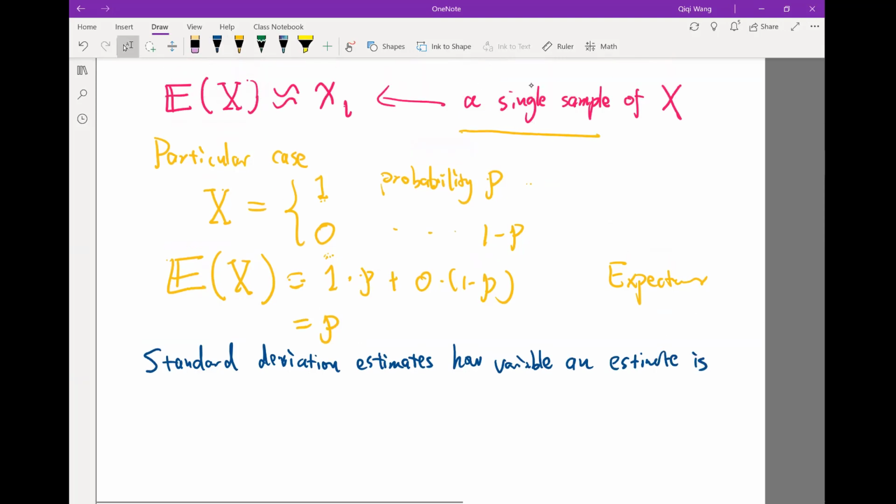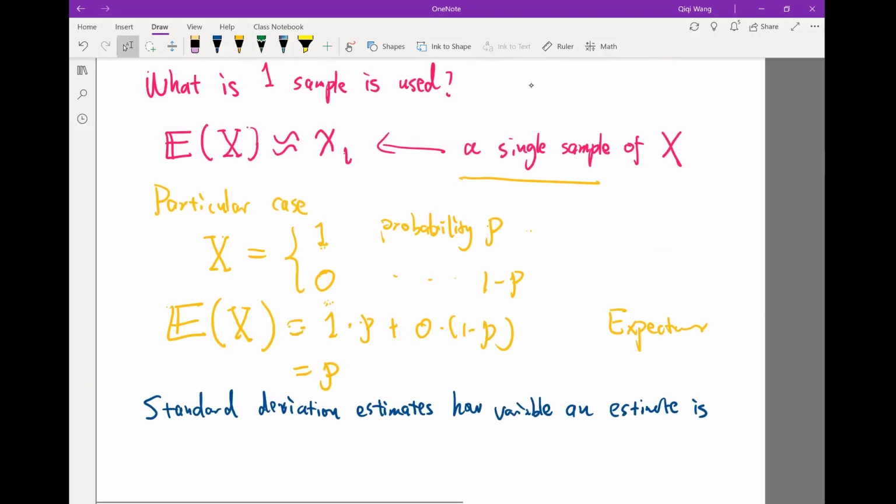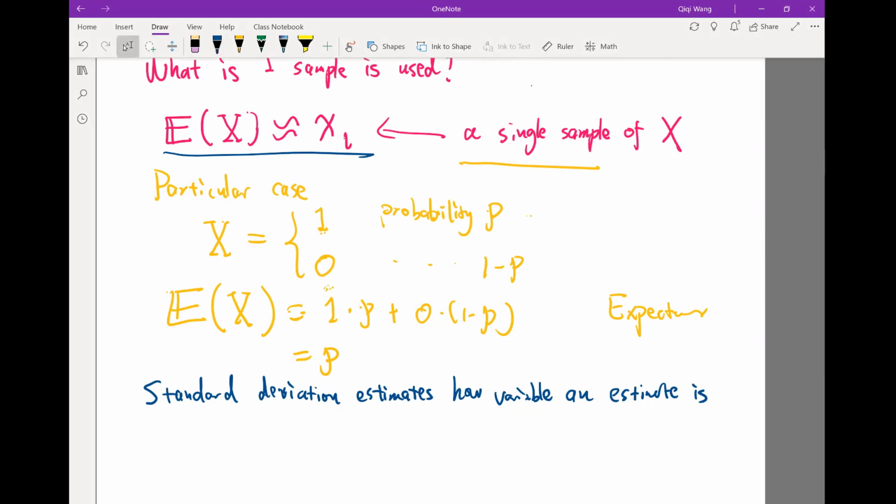In this case, we have this particular estimate, and we want to figure out how much it varies from the true value.